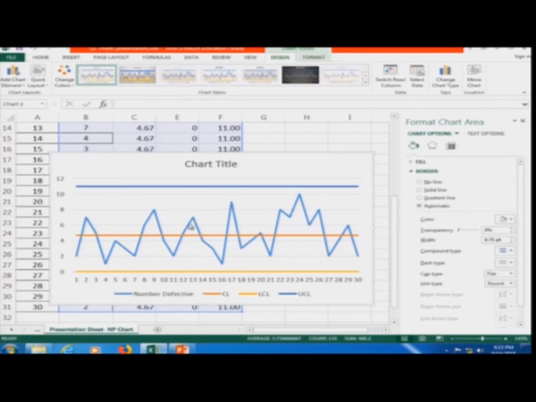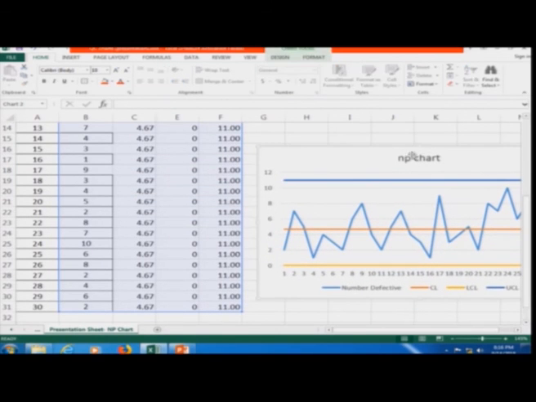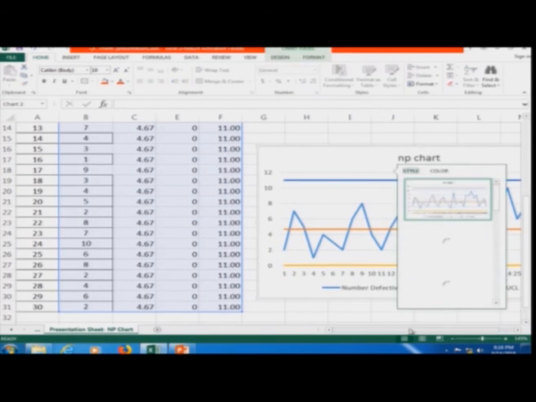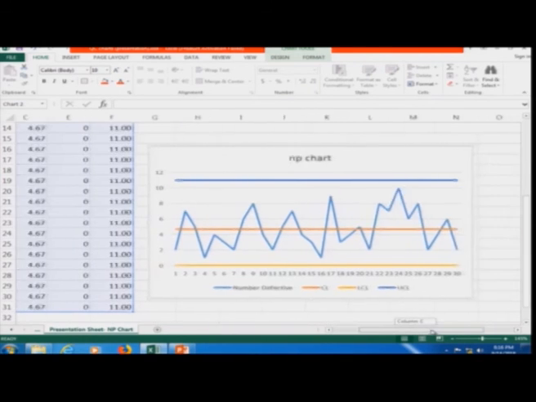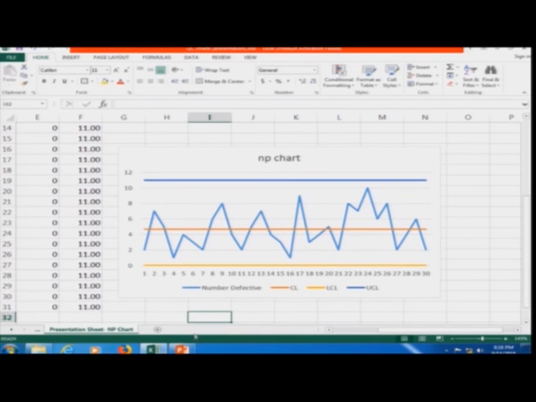Now this number defective, this is the NP chart. I can put the chart title as NP chart. Okay, I'll save this. So this is our NP chart. The whole process is in control, within the control limits. This was about the control charts. So we'll meet in the next lecture. Thank you.